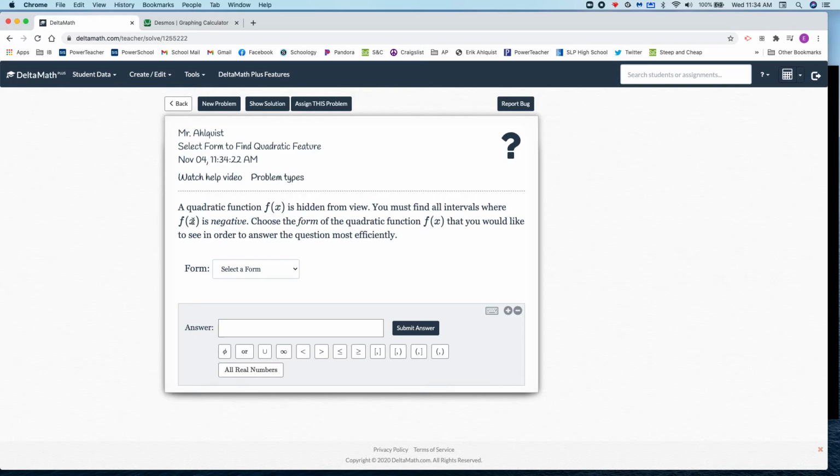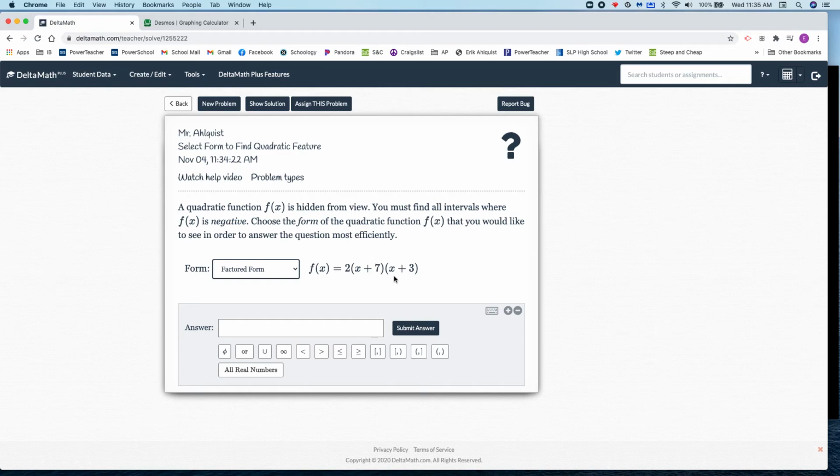Where does that thing cross the x-axis? If I want to know where the graph crosses the x-axis, I want it in factored form. Now I know that this graph crosses the x-axis at -7 and -3. I know that this graph opens up.